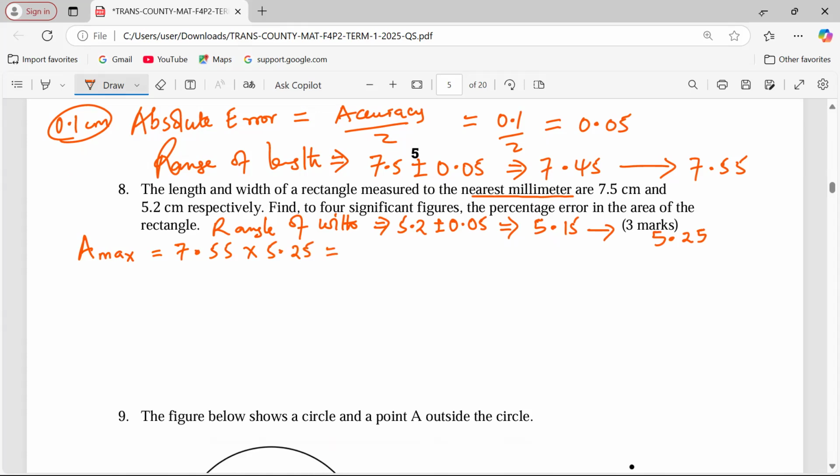So I'm taking 7.55 multiplied by 5.25. This gives us 39.6375 square centimeters. And we can talk about area minimum, whereby we now use the lower limit, 7.45 by 5.15. This shall give us 7.45 by 5.15.